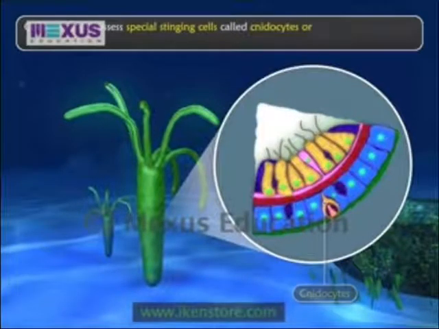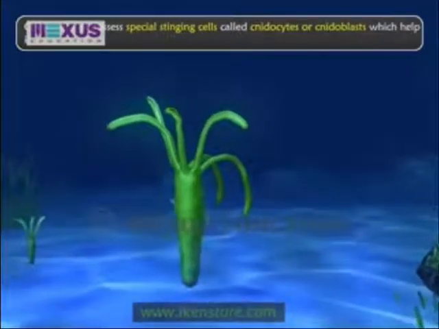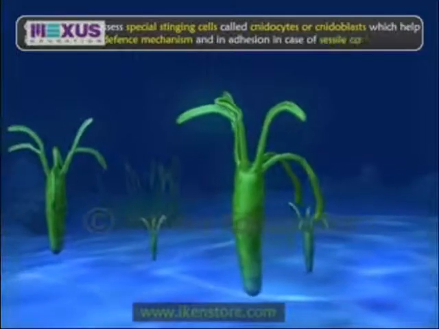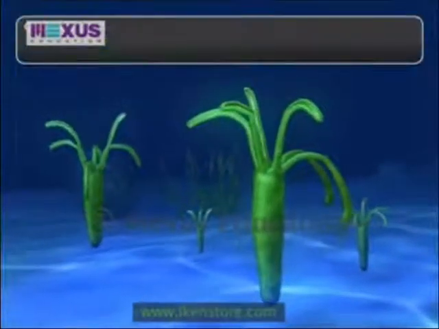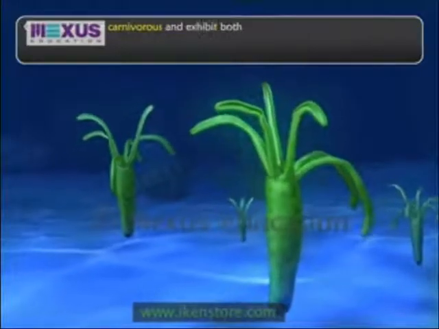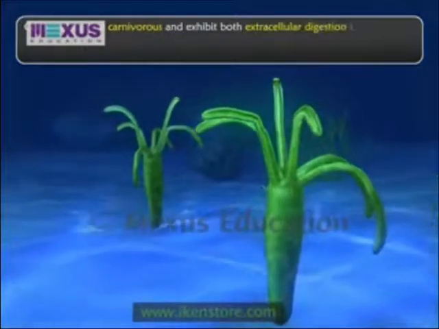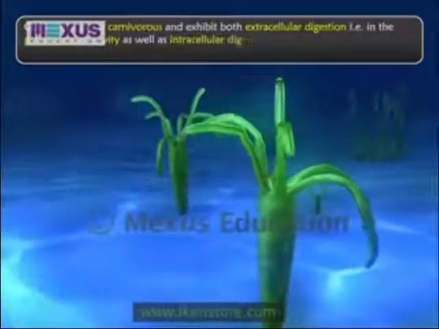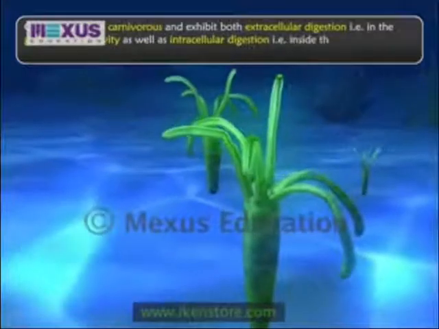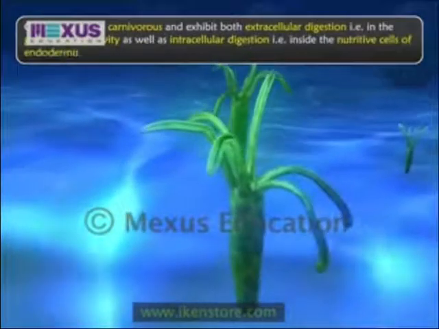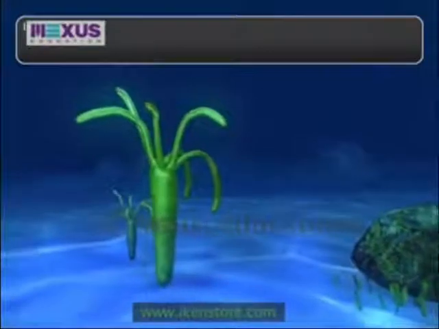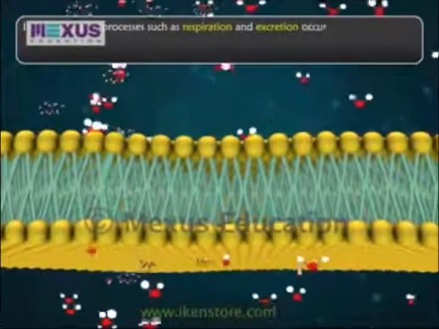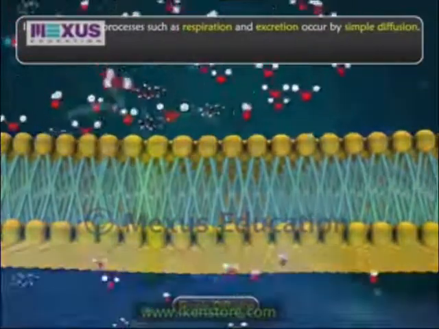Stinging cells called cnidocytes or cnidoblasts are present, which help in the defense mechanism, and in the case of sessile organisms they exhibit both extracellular and intracellular digestion. Respiration and excretion occur by simple diffusion.